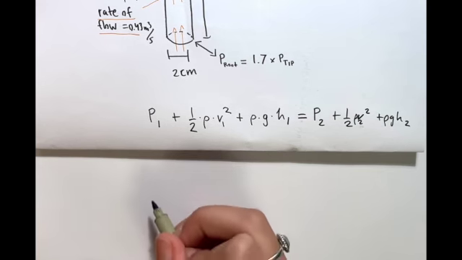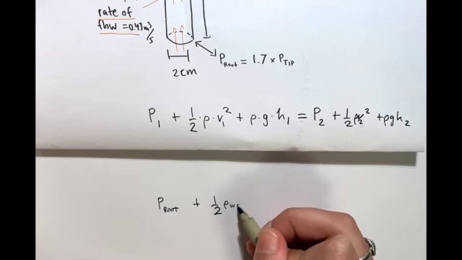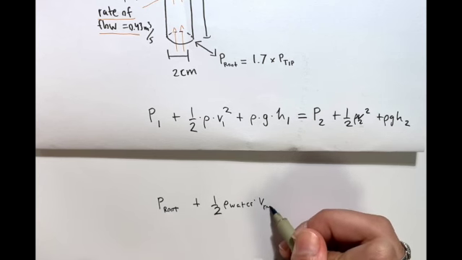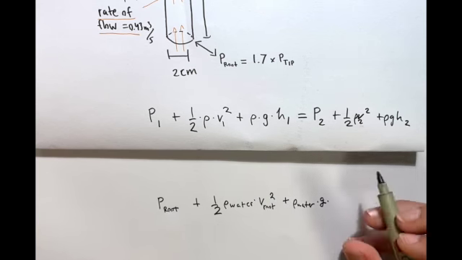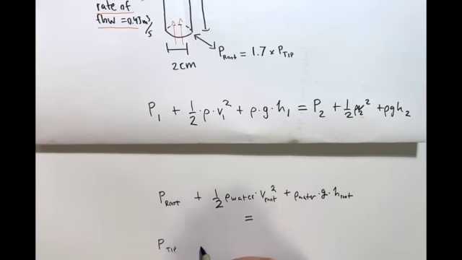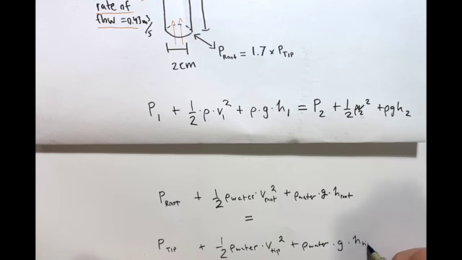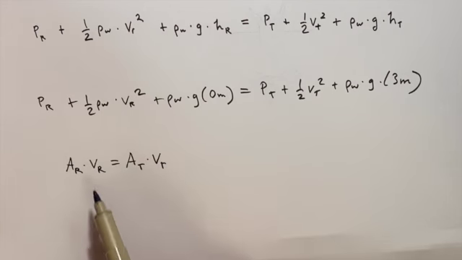So our equation becomes... Since we're dealing with a perfect cylinder, the cross-sectional area does not change, and thus by the continuity equation, neither does the flow rate.